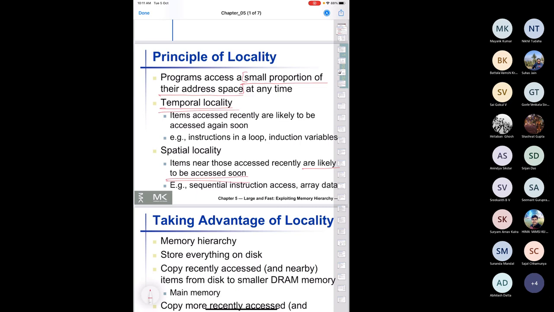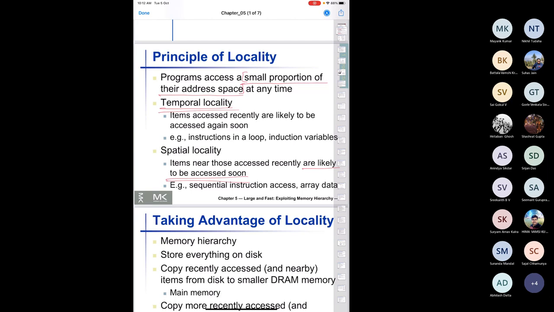In your tests and labs, you have performed such assignments. If you have accessed the first element of the array, the chances are that you are also going to access the second, third, and fourth elements very soon.